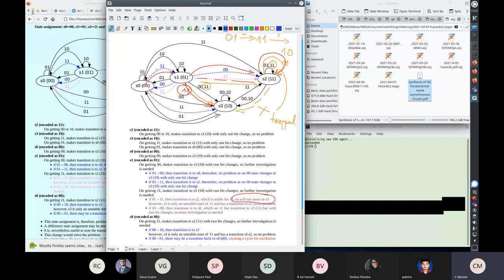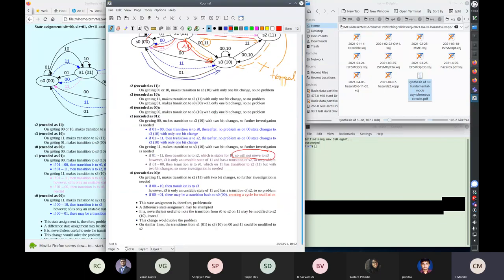So it could get caught in the cycle, because as you saw on 1 1, it could either come here or it could come here. So there is a possibility of getting caught in the cycle. So it is again problematic.